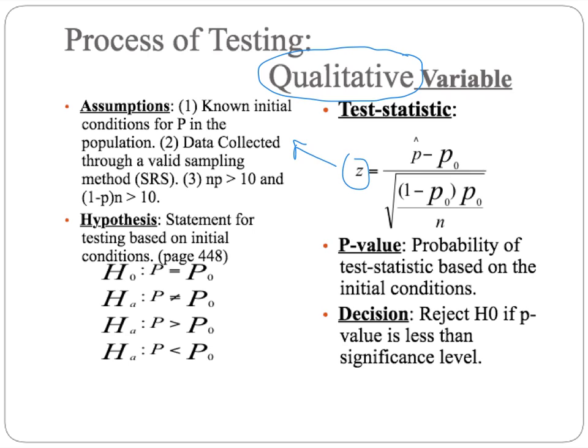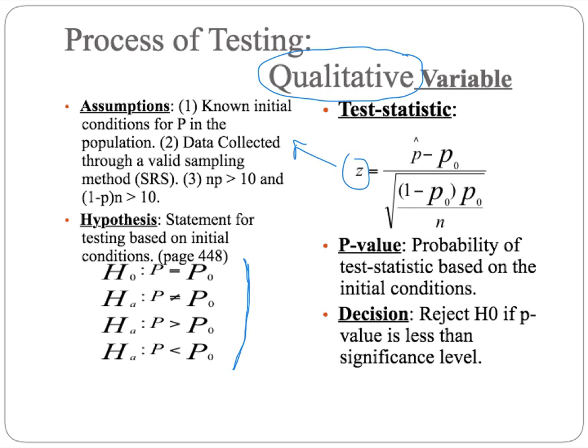Those assumptions are a known initial condition for P in the population, data collected through a valid sampling method, which is simple random sampling. NP has to be greater than 10, and 1 minus P times N has to be greater than 10.